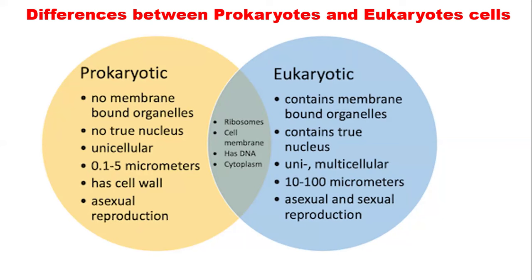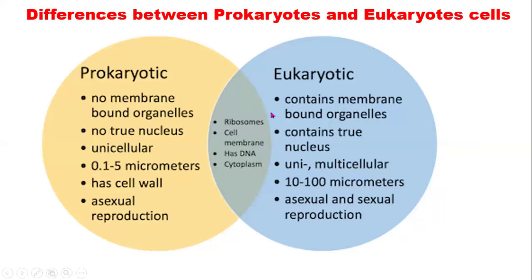They are unicellular in terms of composition of their cell. While eukaryotes are organisms that are multicellular. They have many cells in them, and they have a true, membrane-bound nucleus.